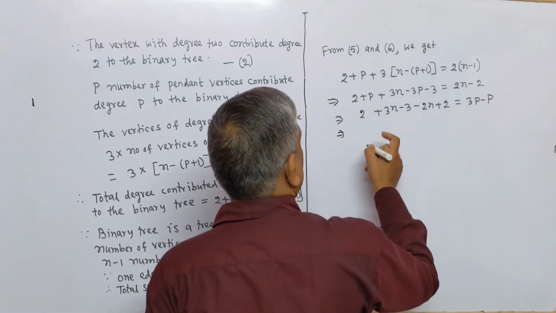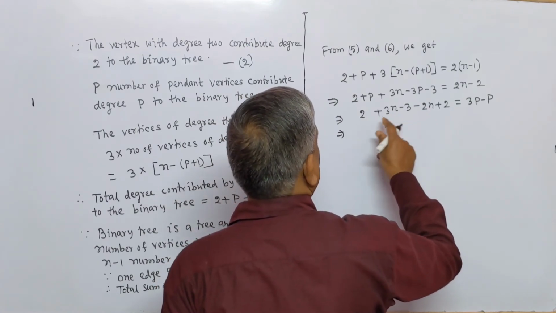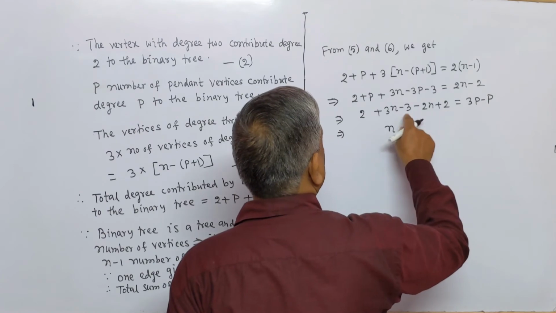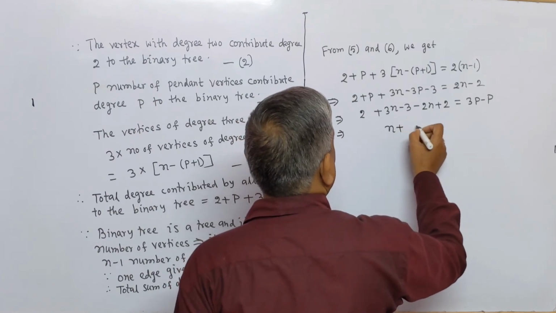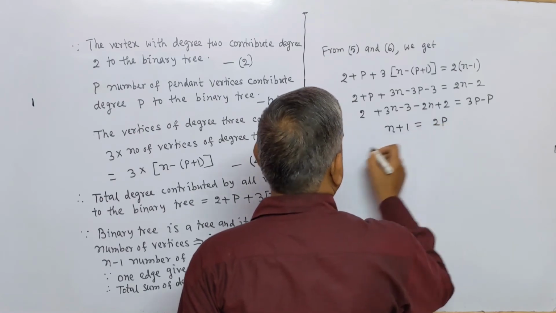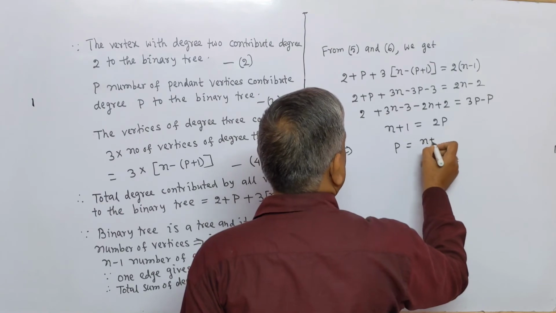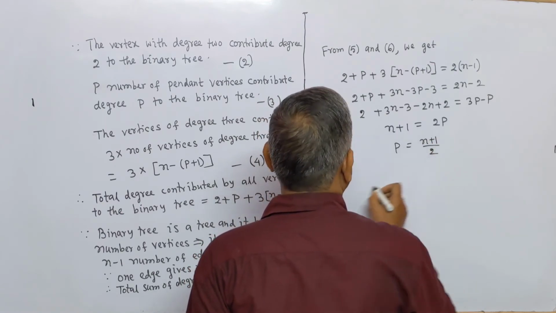This implies 3n minus 2n is n, 2 plus 2 is 4 minus 3 is 1, equals 2p. This implies that p equals n plus 1 by 2.